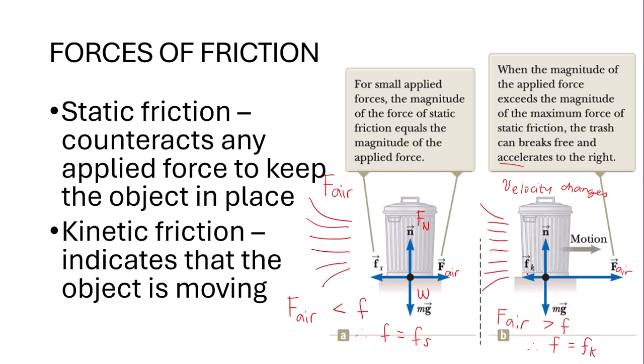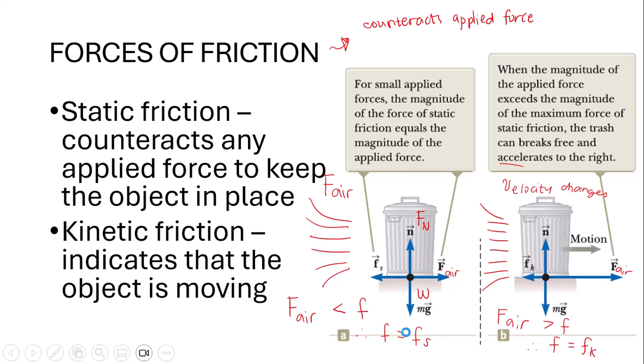Then always remember the direction of force of friction is opposite to the applied force. So force of friction counteracts applied forces. Okay, so that's basically the definition of force of friction.